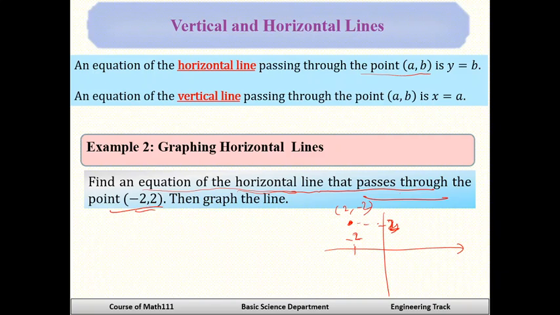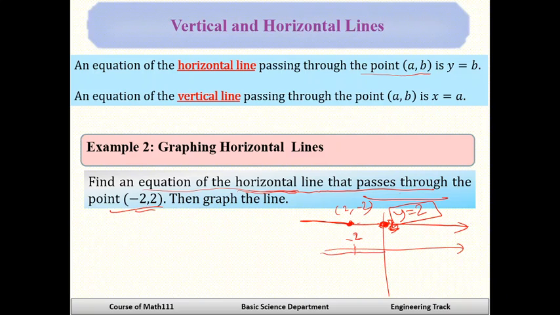And it says find the equation of the horizontal line. The horizontal line means this way, so it will be parallel to the x-axis. So what's the equation? You see it's the y equal to 2 level, so the line equation will be y equal to 2.